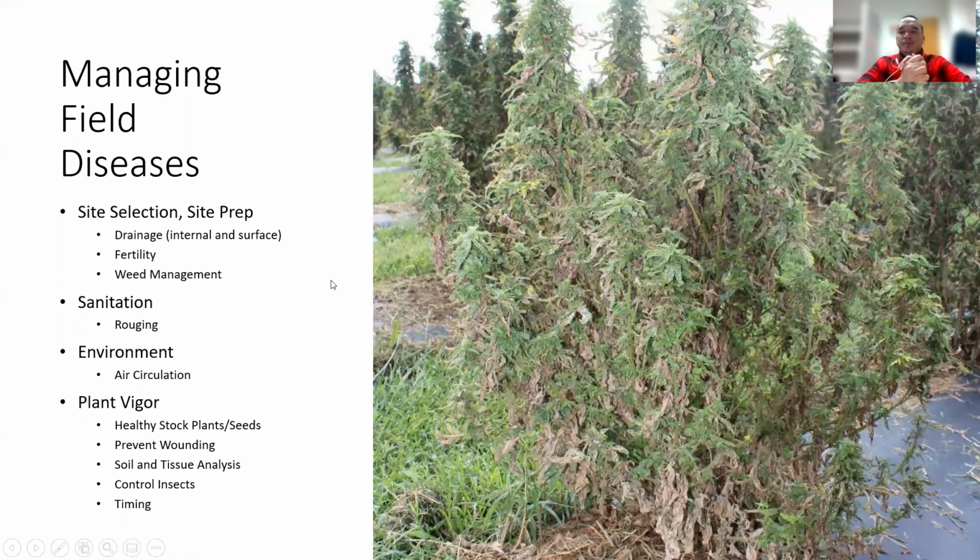Managing field diseases, basically we apply similar principles. Again, we want to get our plants as healthy as possible. We can start with proper site selection and site preparation to make sure that our plants are healthy. Again, healthy plants may be more resilient to diseases.